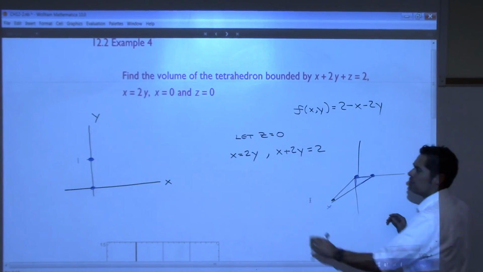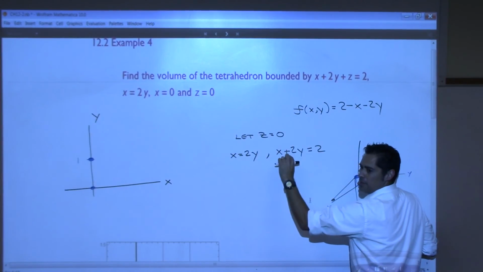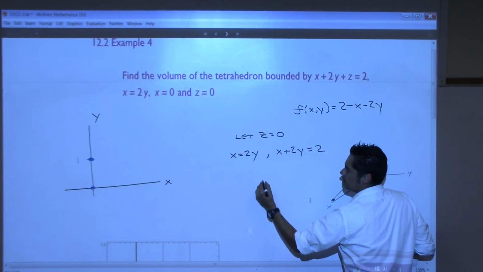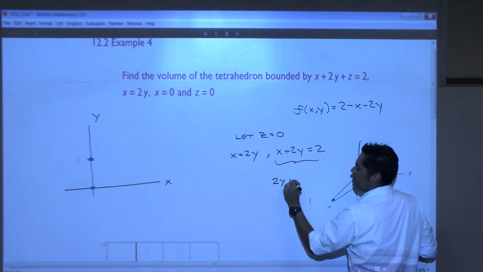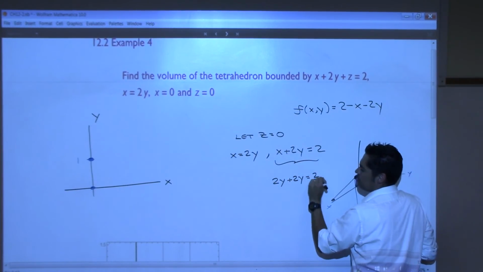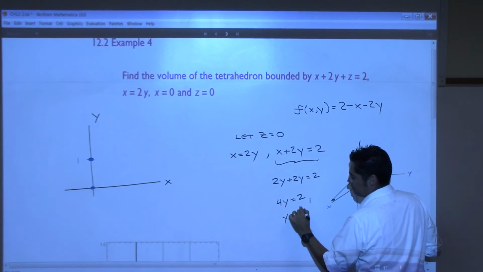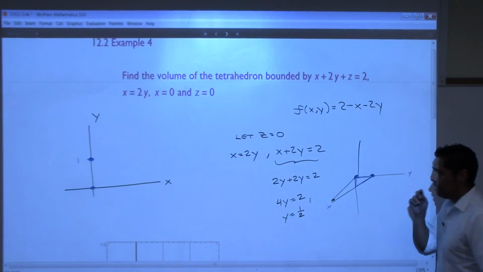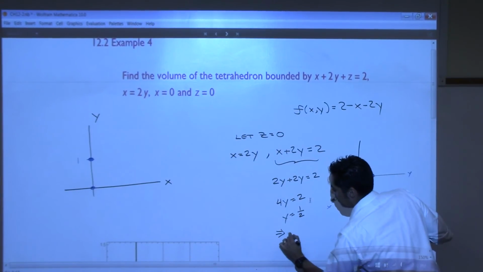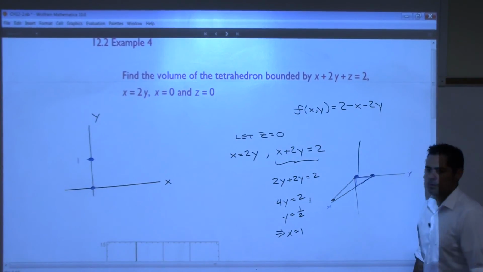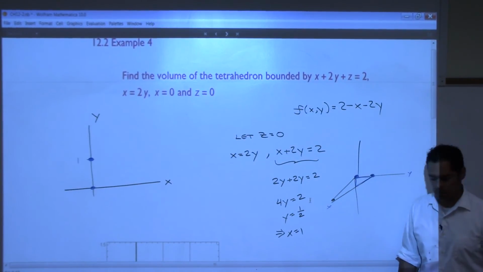I'll take this one and replace x with 2y. So 2y plus 2y equals 2, 4y equals 2, y equals 1/2. Which implies x is 1. So that's where they hit each other, at the point 1, 1/2.